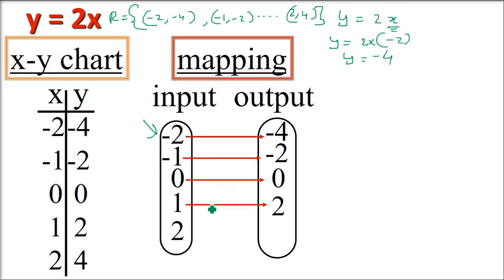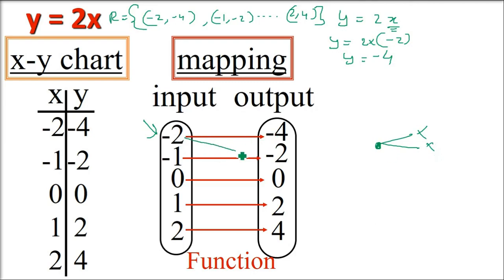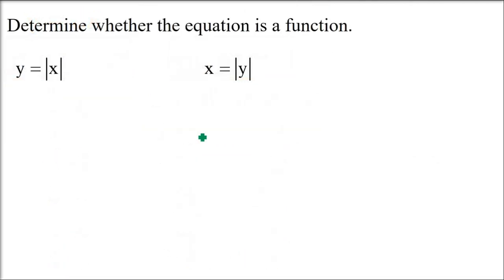Minus 1, you get minus 2. 0, you get 0. x as 1, you get 2. x as 2, you get 4. y equals 2x. So this is the XY chart and the mapping form. This is a function. Why? Because no one x is related to multiple y. This kind of formation is not there. Every x will give you a unique y.